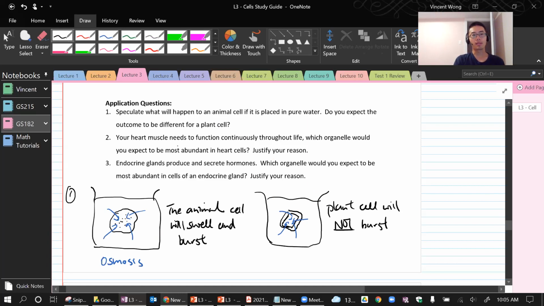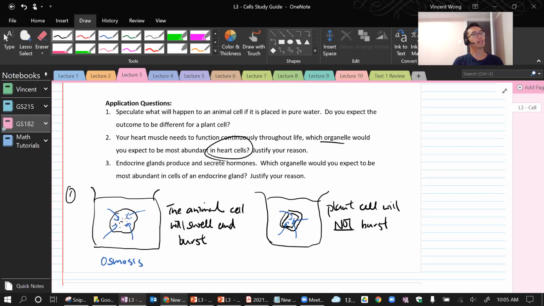Okay, next one. Your heart muscle needs to function continuously throughout life. Which organelle would you expect to be most abundant in the heart cell? So what organelles do you think you will find a lot of in the heart? Anybody? Of all the organelles that we talked about, your heart needs to beat all the time.